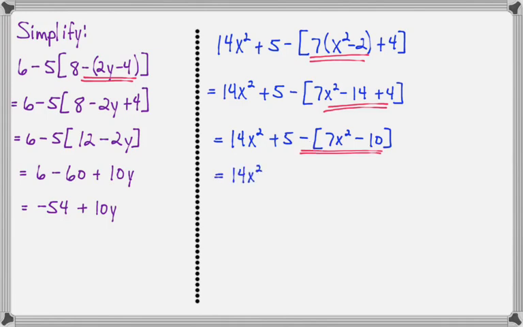So I'll still have 14x squared plus 5 minus 7x squared plus 10. Okay, now I'm down to no parentheses, and now it's just a matter of combining like terms. So 14x squared minus 7x squared gives us 7x squared, and 5 plus 10 gives us 15.